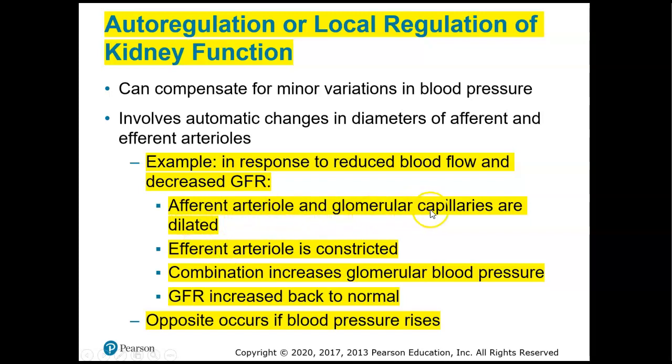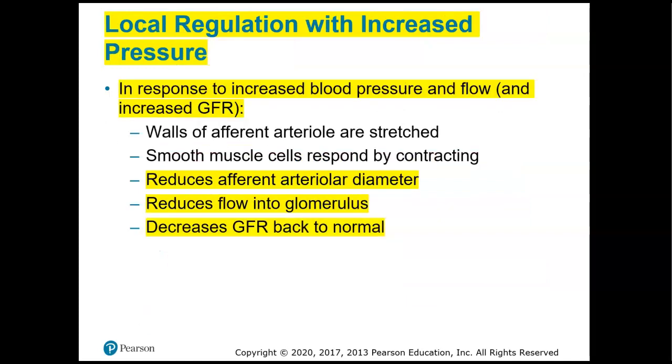Afferent arterioles and capillaries constrict, efferent dilates. Those are things that can happen directly at the level of the nephrons that will raise and lower GFR. In response to increased blood pressure and flow, which is going to increase GFR, that will reduce the afferent arteriolar diameter, reduce the flow into the glomerulus, and decrease GFR back to normal.